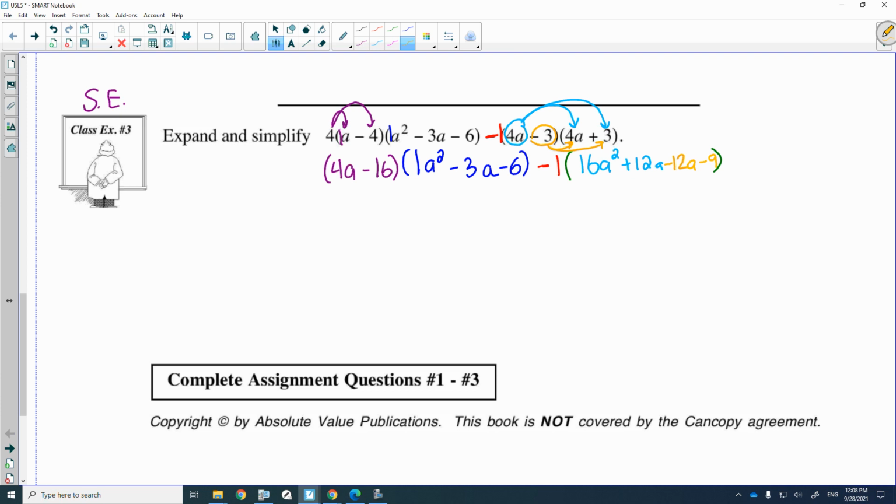So a lot of you would actually get to this step. You would know to put the 4 into the first bracket. You would know to drop that negative 1 and to multiply those two together. What do you want me to do here? What would you do, Justin, for that? Yeah, this is what we just did. Binomial times a trinomial, right? So circle that 4a and get that distributed.